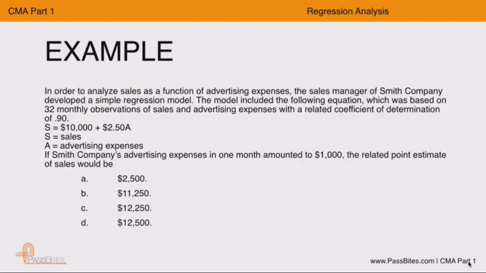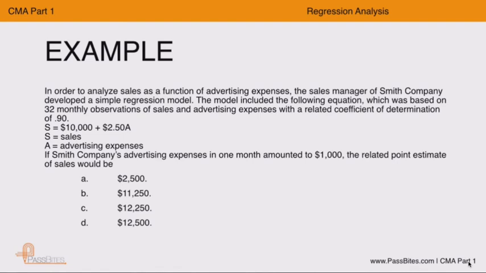Let's do a question to summarize everything. In order to analyze sales as a function of advertising expense, a sales manager of Smith Company developed a simple regression model. The model included the following equation, which was based on 32 monthly observations of sales and advertising expenses with a related coefficient of determination of 0.9.